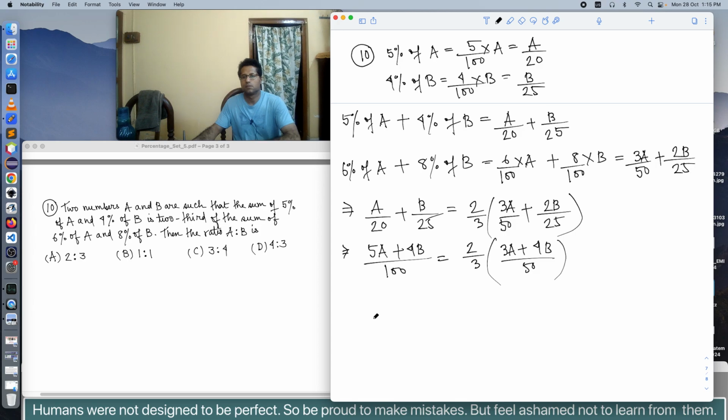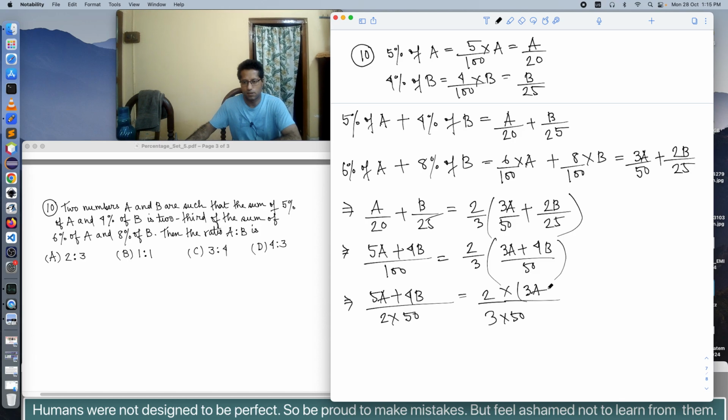Now this implies 5A plus 4B over 100, and 100 can be written as 2 multiplied by 50. This is equal to 2 by 3 multiplied by 3A plus 4B over 50. Now from both sides we see in the denominator 50 is a common factor, so we can cancel out 50. When we cancel out like this, it actually means that we are multiplying both sides by 50.